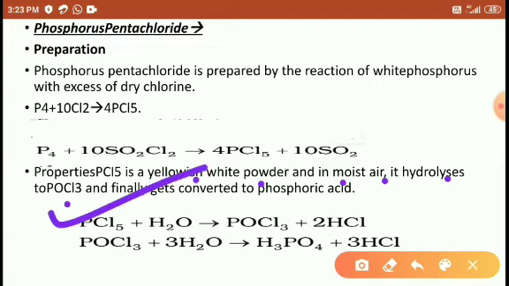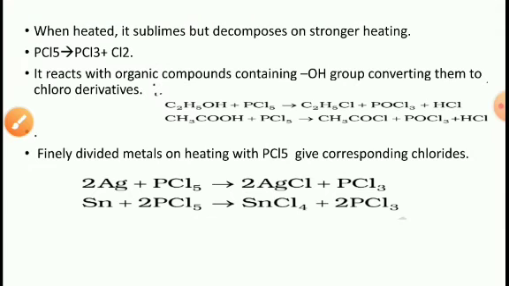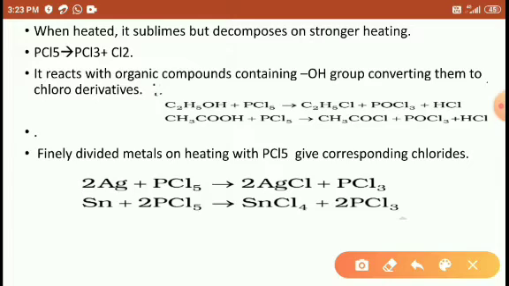Phosphorus pentachloride reacts with water to form POCl3 and HCl. POCl3 again treated with water forms H3PO4, right? When heated it sublimes, but on stronger heating PCl5 decomposes to form PCl3 and Cl2.